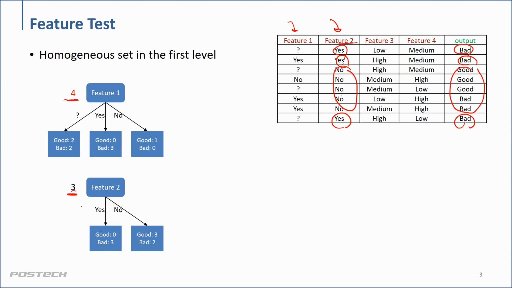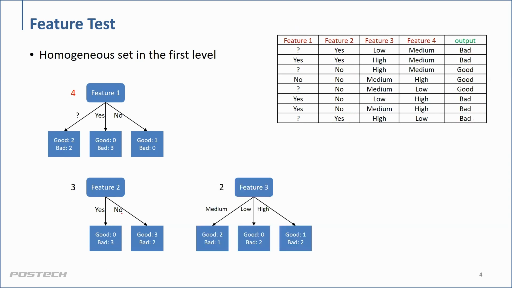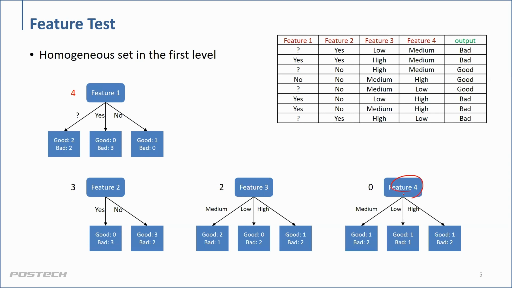That's the number that is fully separated by feature 2. So 3 here, and over here we have 3 and 1. So 4 of them are fully separated or classified. And we can repeat the same thing for feature 3 and feature 4.